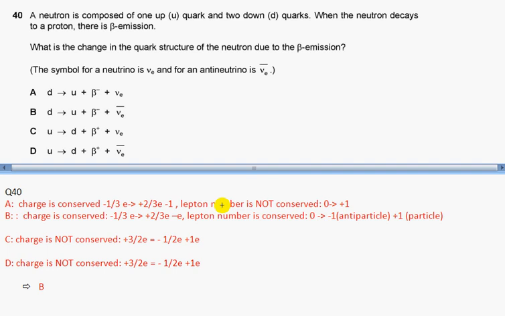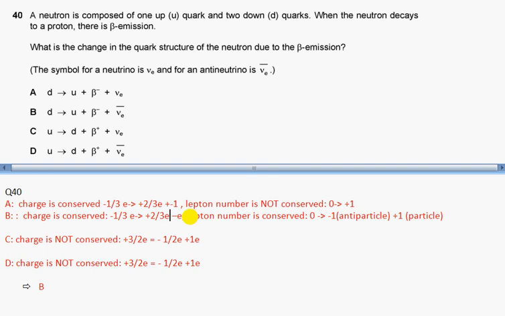Even if you don't know this, we should choose either A or B. Even if you don't know this, you know the charges. For example, charge is conserved here. Why? Because minus a third e equals plus a third e plus minus 1, which is electron.